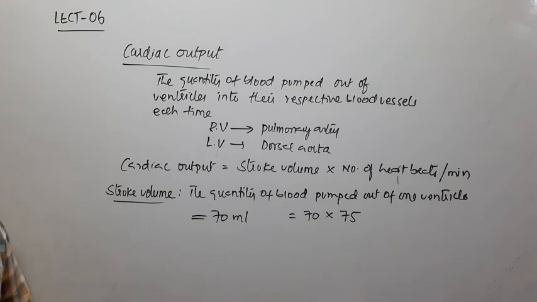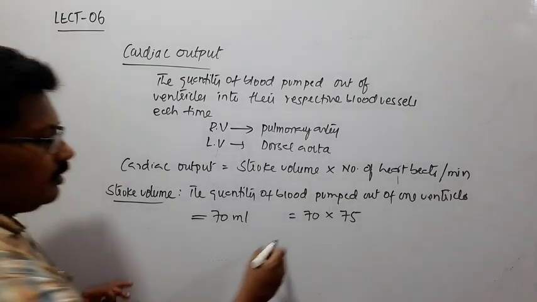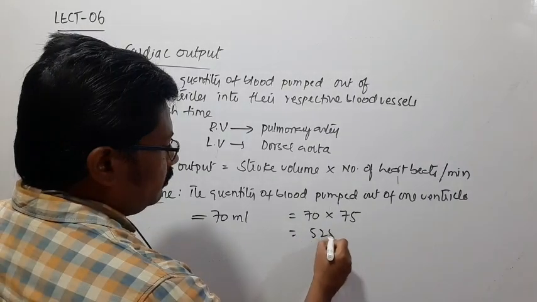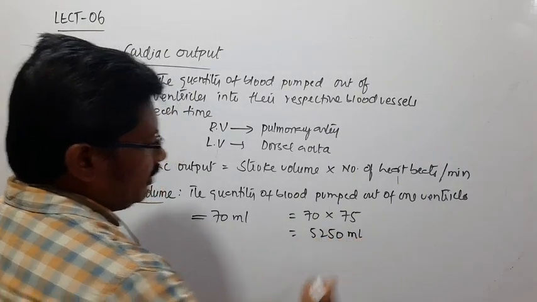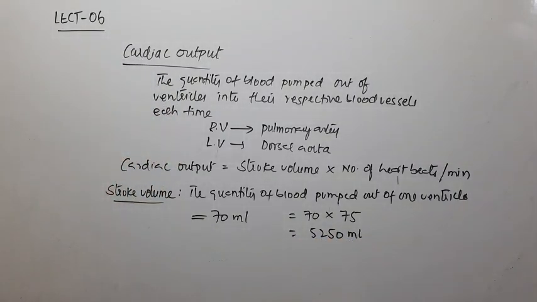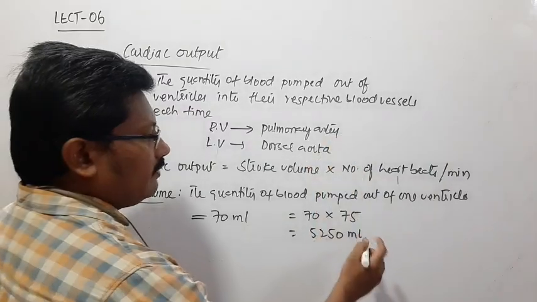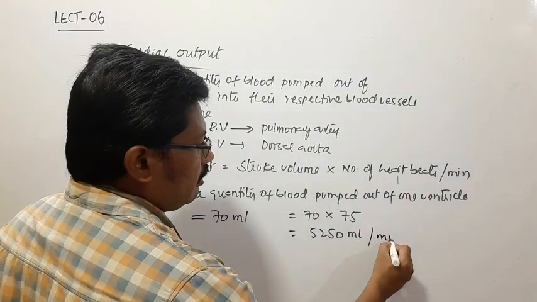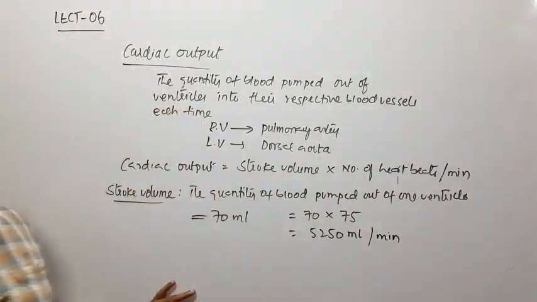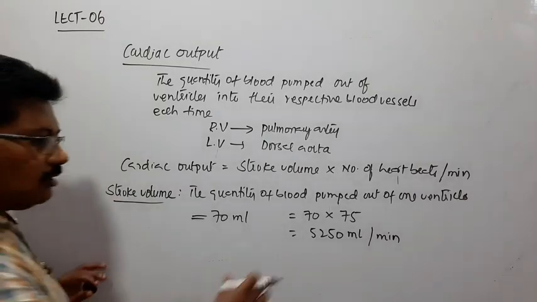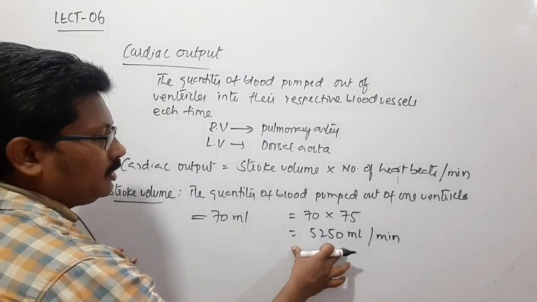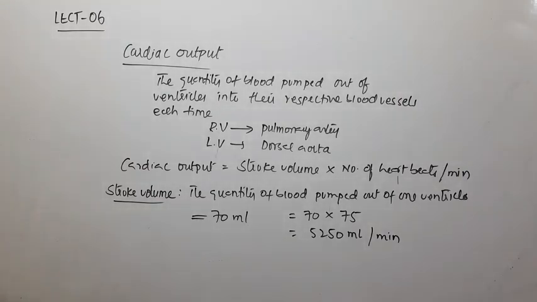Then you will get around 5250 ml. So 5250 ml of blood will be pumped out of the ventricles every minute. So this is around 5.2 liters. You can calculate with 72 also, no problem.